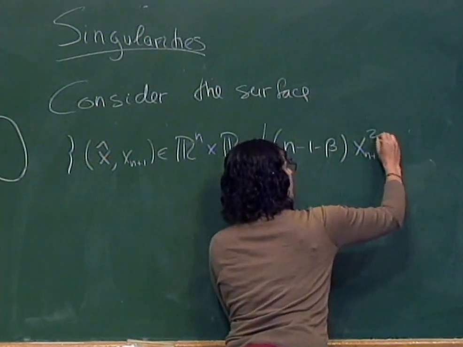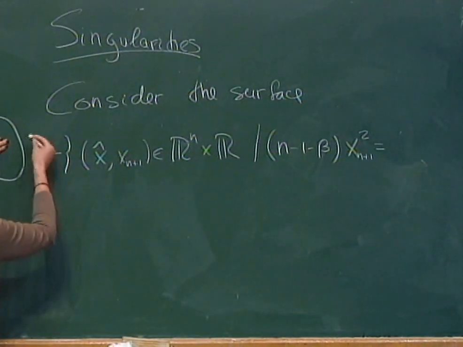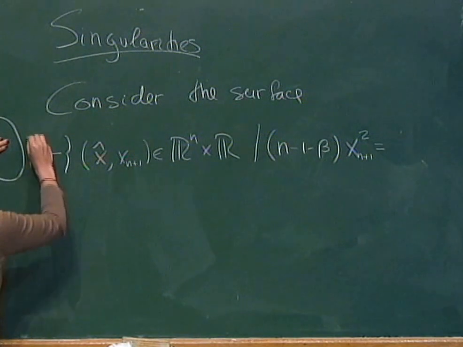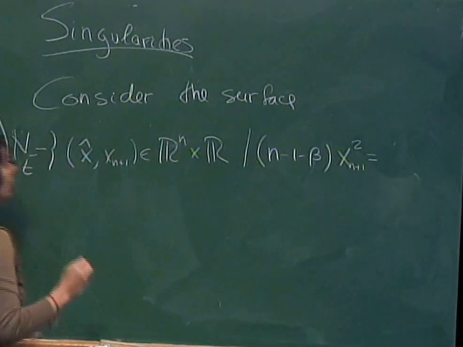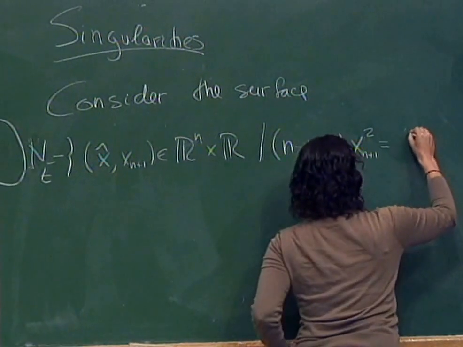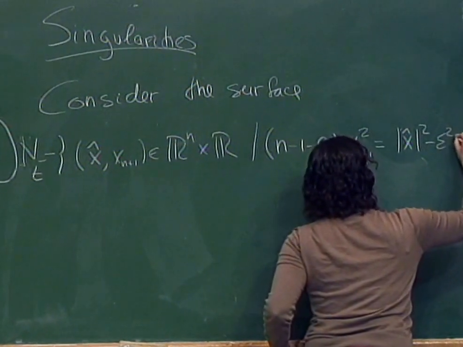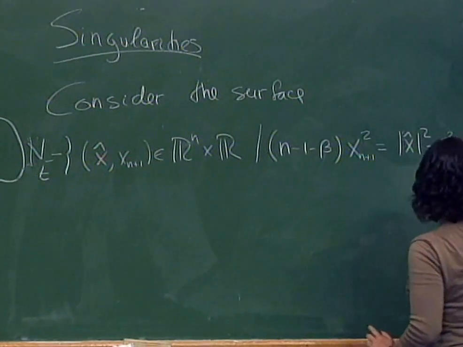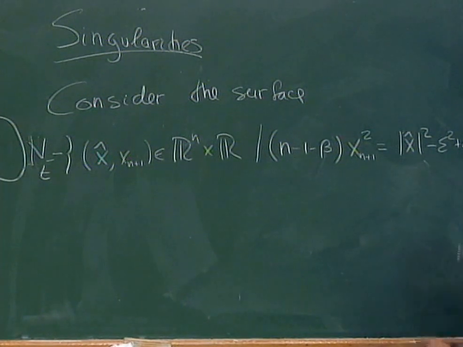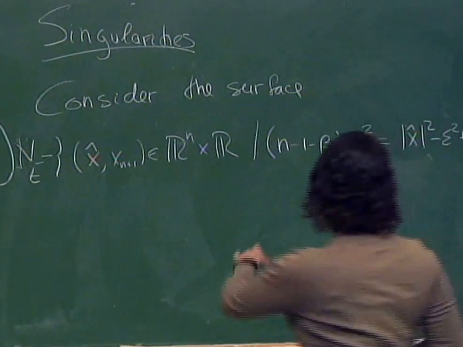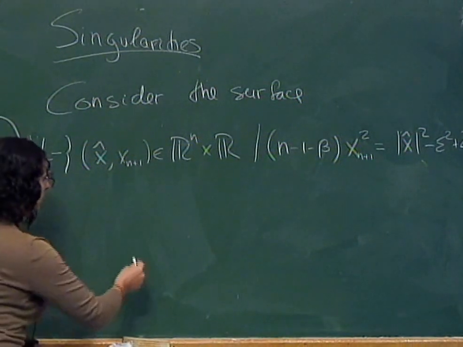I'm gonna call this M(t), or maybe N(t). Let me check the constant there. Well, so this is something that looks like this.